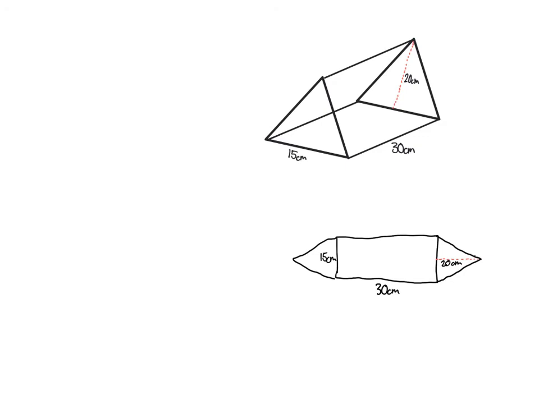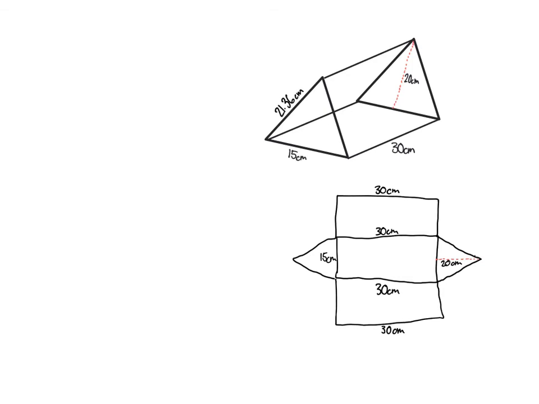Now I can go ahead and do the side rectangle pieces. So I have one here and I have one here, and both of these will be identical. So we have 30 centimeters and 30 centimeters.